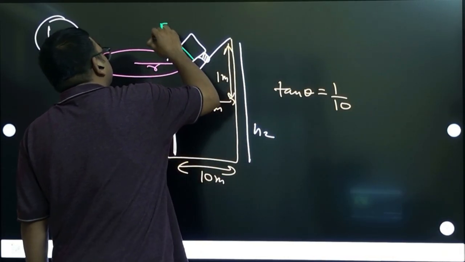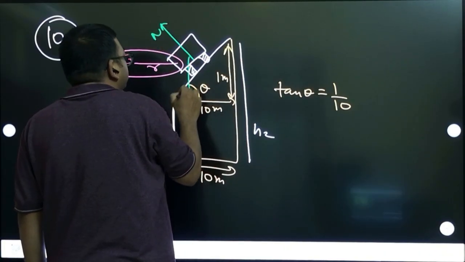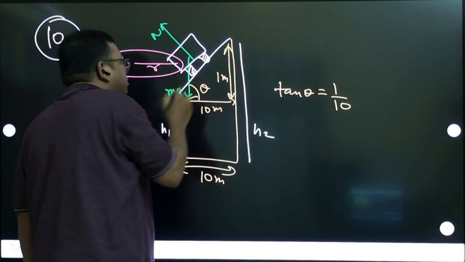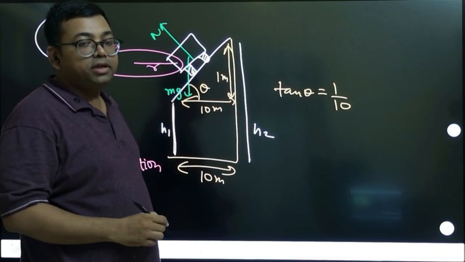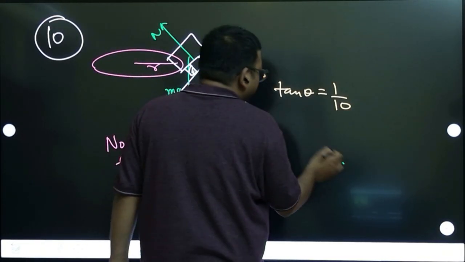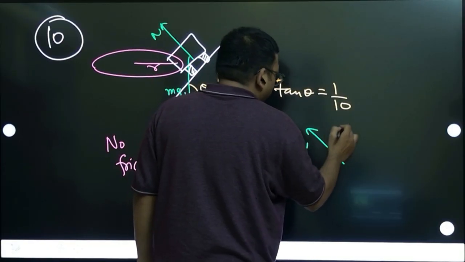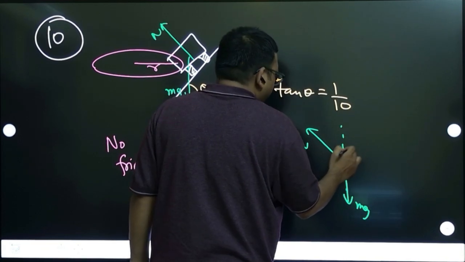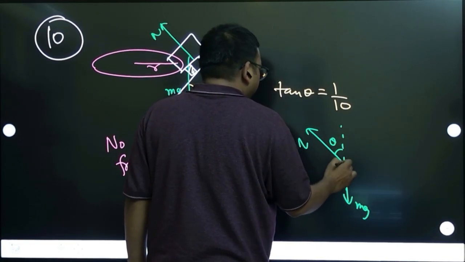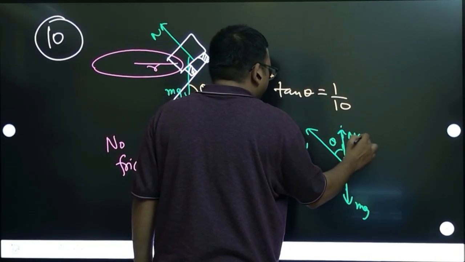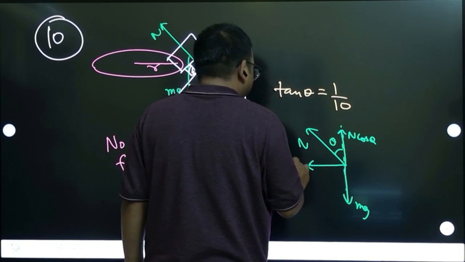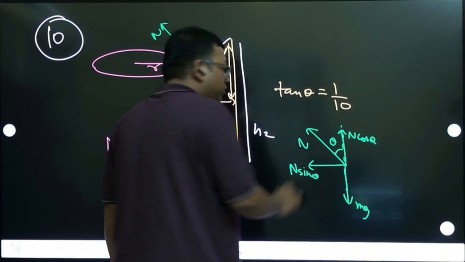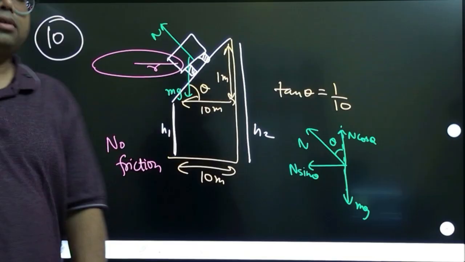Normal will be like this way, mg will be like this way, friction is not there, so these are the only two forces, right? You already know that this angle is theta. So normal you resolve: normal cos theta, normal sin theta. This is resolution of the forces, right?